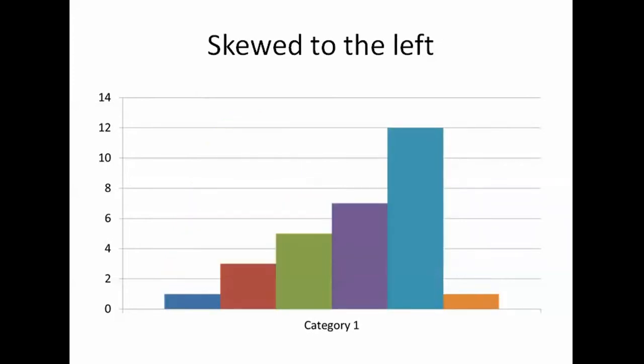So what about something that would be skewed to the left? The example I was thinking about was maybe people who work at a hospital. I'm not totally sure if that would be correct, but I'm just thinking that that could be skewed to the left because let's think about the incomes of people who work in a hospital. You have a lot of doctors and physicians who make a lot of money. So those doctors and physicians are down at the right end because they make a lot of money.